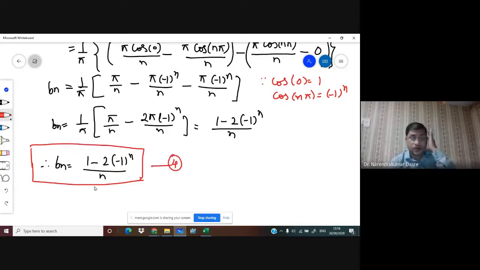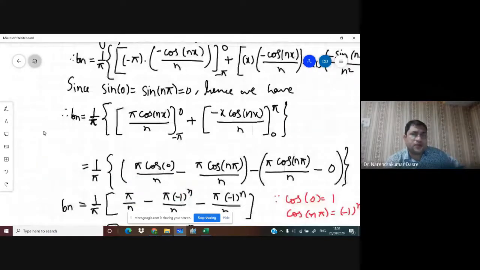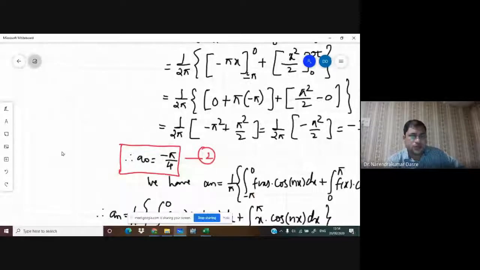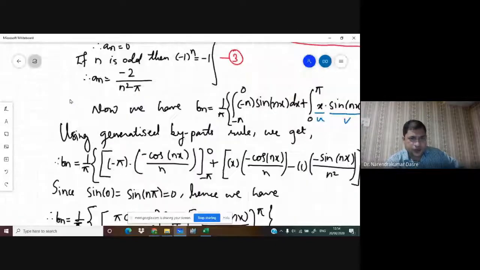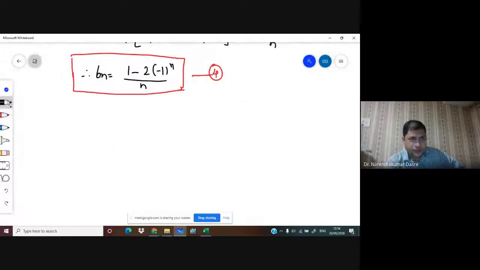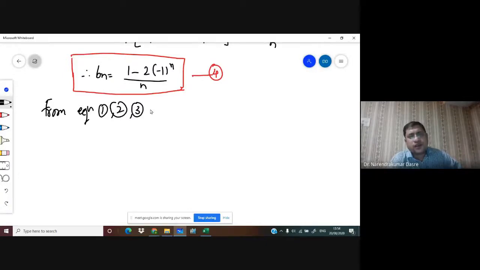Okay, so we got the value of a0, we got the value of an, and we got the value of bn. So using these values of a0, an, and bn in equation 1, we are able to write the Fourier series for the function.